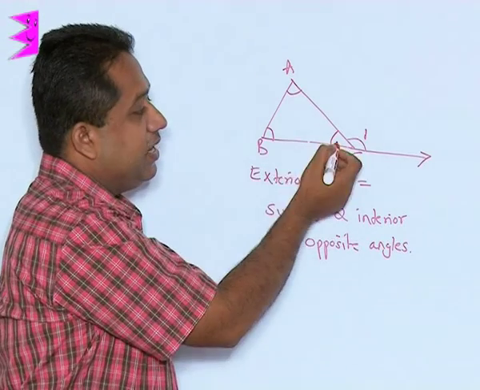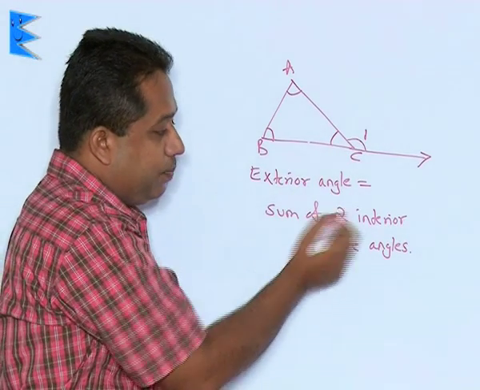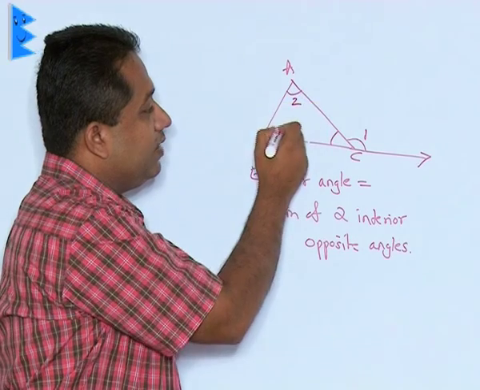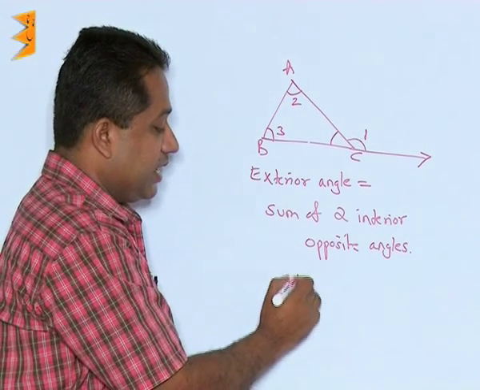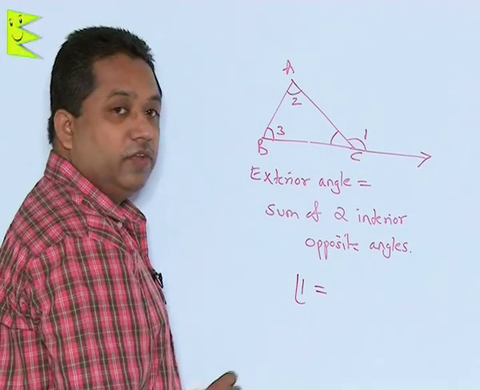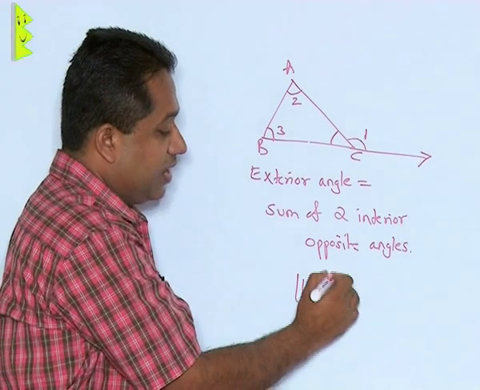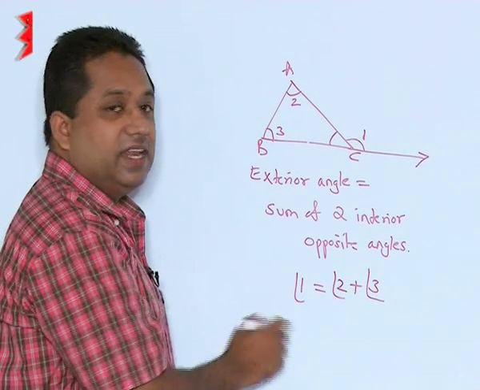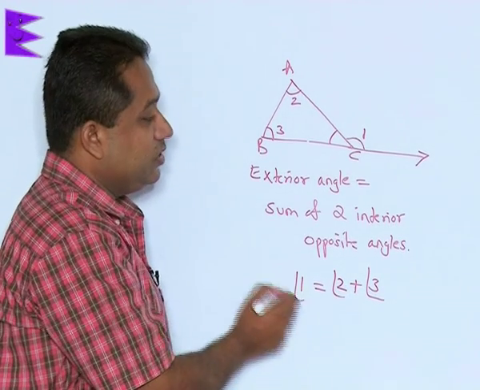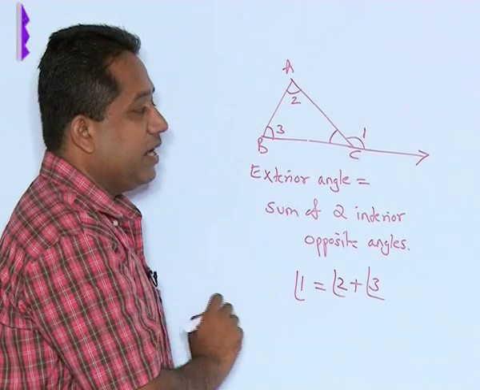There are 3 interior angles, but the interior opposite angles are 2 and 3, or we can say angle A and B. So, this theorem says that the exterior angle 1 will be equal to the sum of angle 2 and angle 3. This is called the exterior angle theorem, and we can use this result in finding unknown angles, etc.